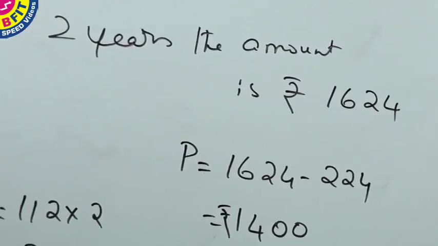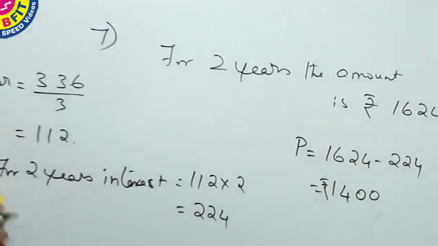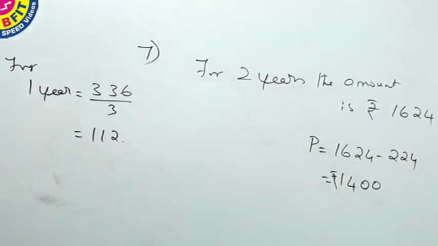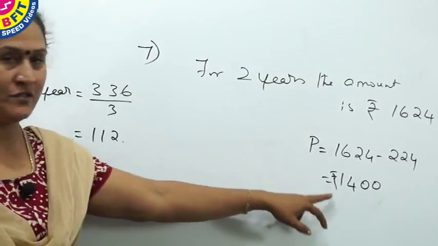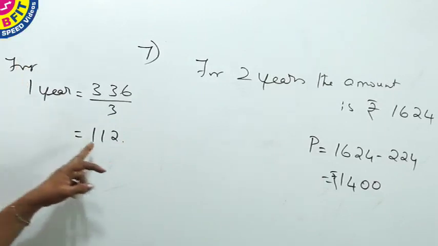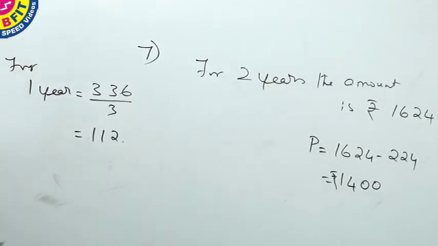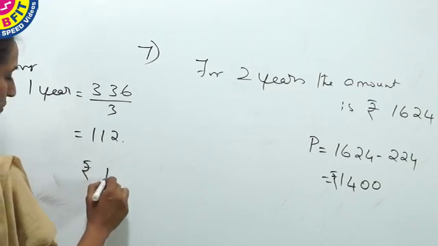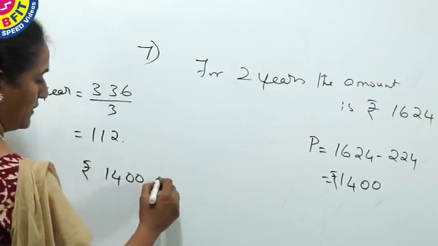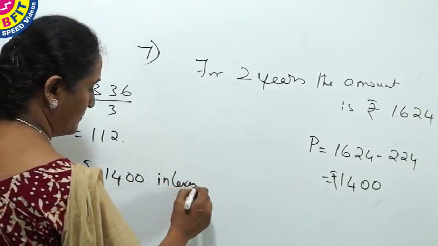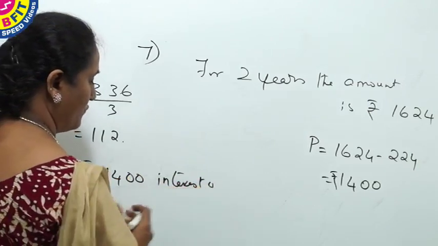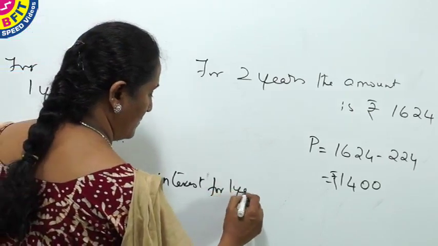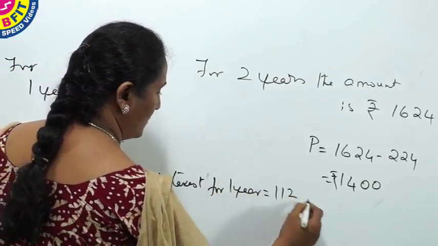So to find the rate percent, we have got that when we deposit rupees 1400, the interest for 1 year is 112.